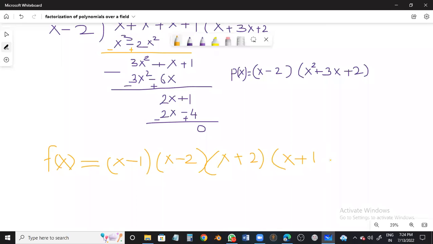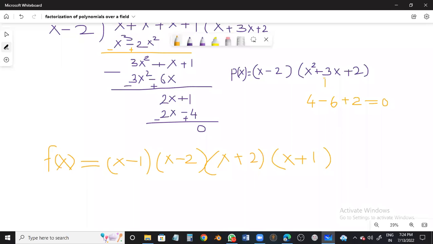You can do so, because if you put x equal to minus 2, this is rough work I'm doing, minus 2 square becomes plus 4. Then minus 2 threes are minus 6. And I'm having plus 2, so this goes to 0. I hope you all agree.